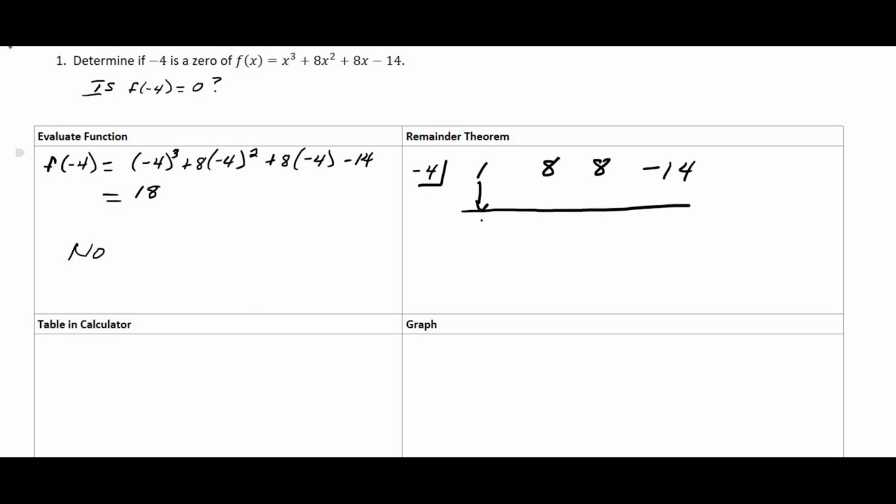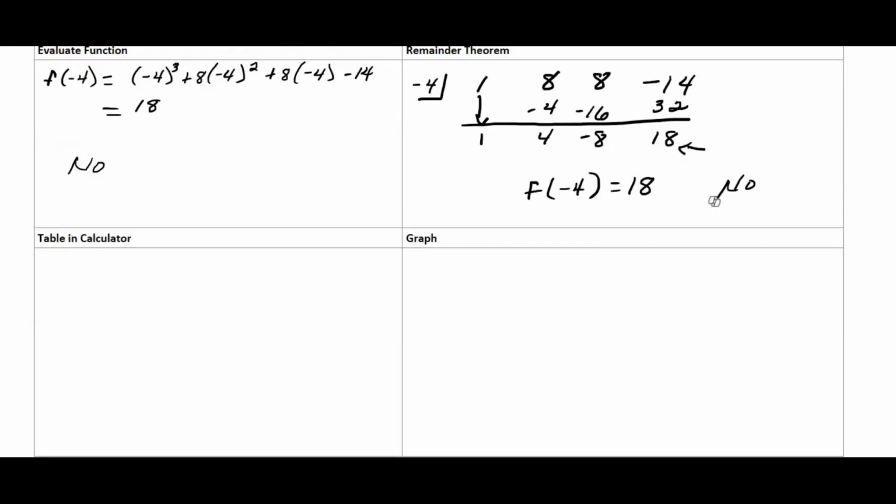Bring down the 1, multiply, add, multiply, add, multiply, add. And this 18 right here is my remainder. So f of -4 is equal to 18. It doesn't equal 0, so it's not a zero.